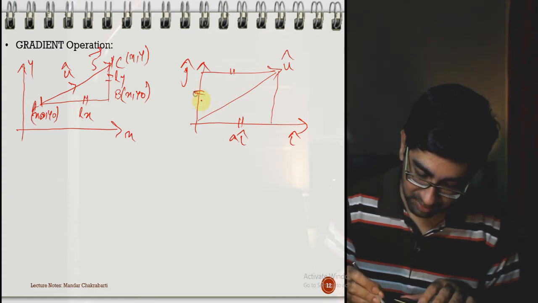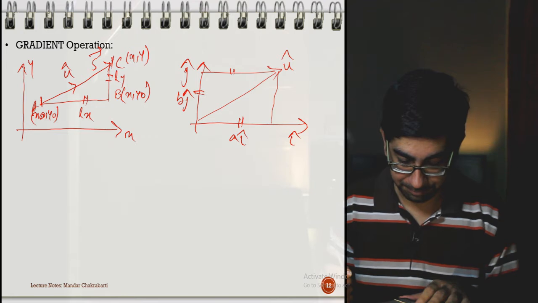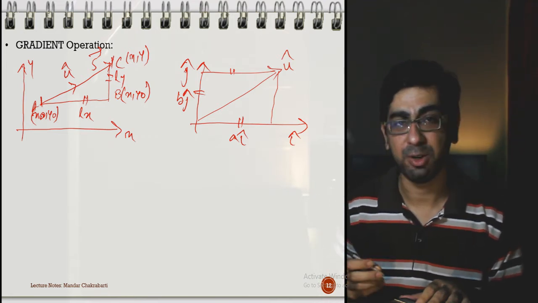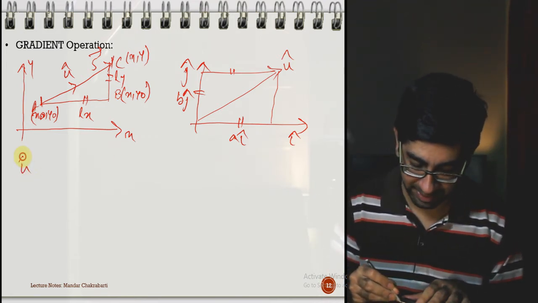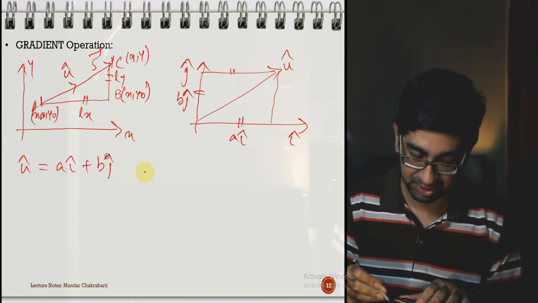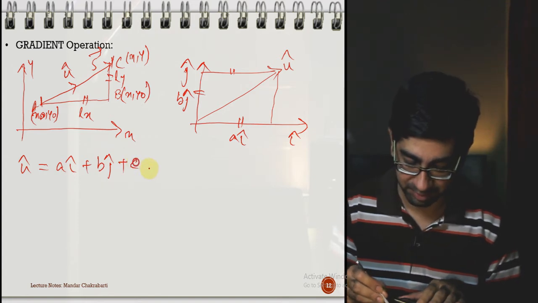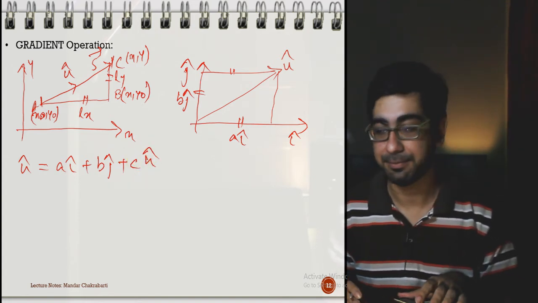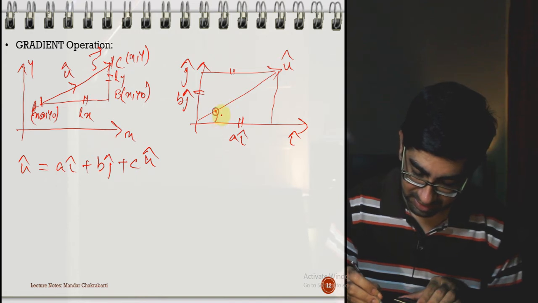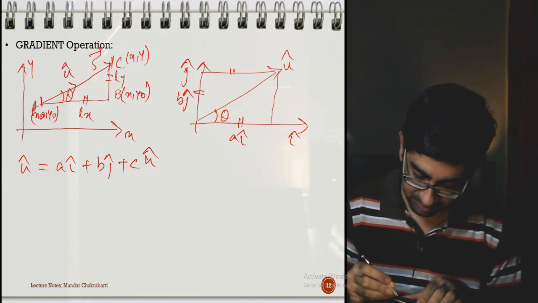So let me write it out for you now. The u vector is ai plus bj. If I were to extend this onto the third axis, then it becomes plus ck. There is an angle over here for consideration, theta.